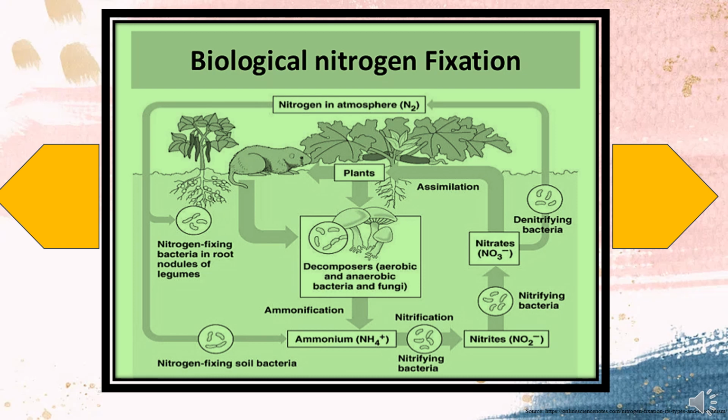And in aquatic ecosystems like freshwater and marine, the nitrogen of the atmosphere is fixed by numerous blue-green algae such as Anabaena, Nostoc, etc. In India, rice is grown year after year on the same land without adding fertilizers.